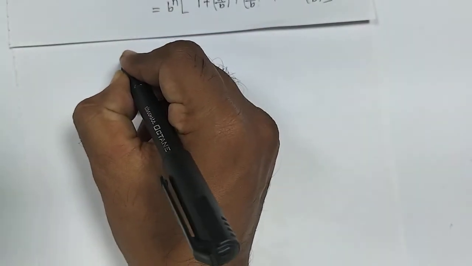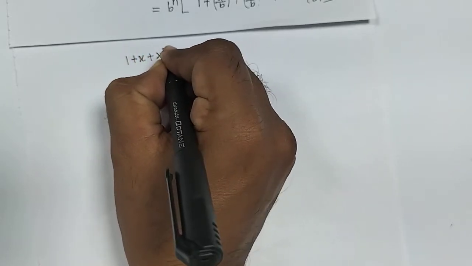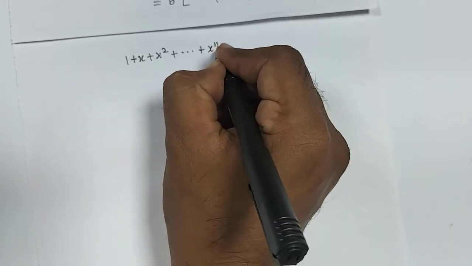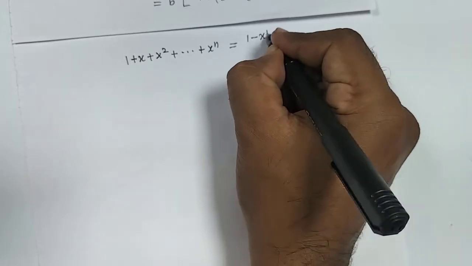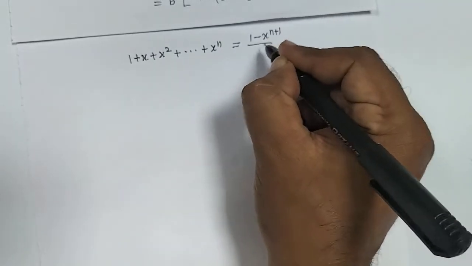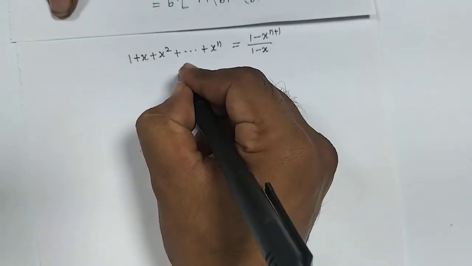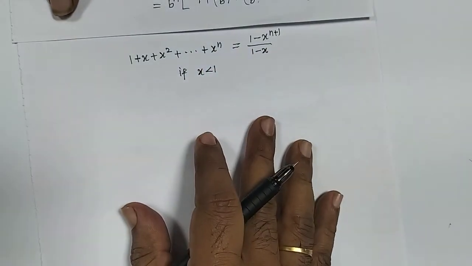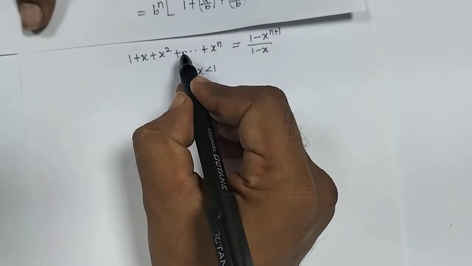The formula is 1 plus x plus x square plus up to x power n is equal to 1 minus x power n plus 1 divided by 1 minus x. I took this formula; if x is less than 1 we can use this formula. Why did I take this formula? Because here you can compare both the terms.